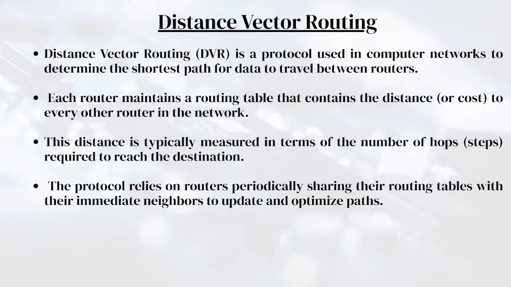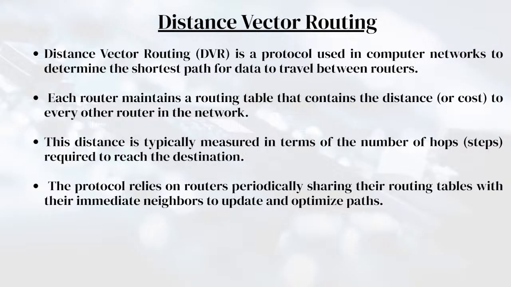Again, by using distance vector routing also, we are determining the shortest path for data to travel between the routers. Distance vector routing is a protocol used in a computer network to determine the shortest path for data to travel between the routers. Each router maintains a routing table that contains the distance or the cost to every other router in the network.